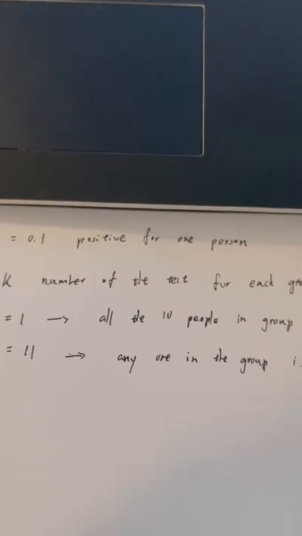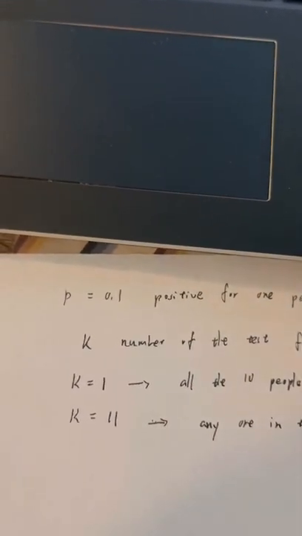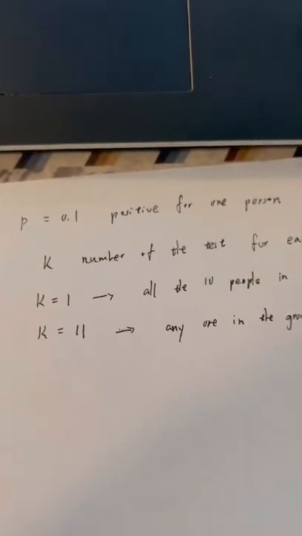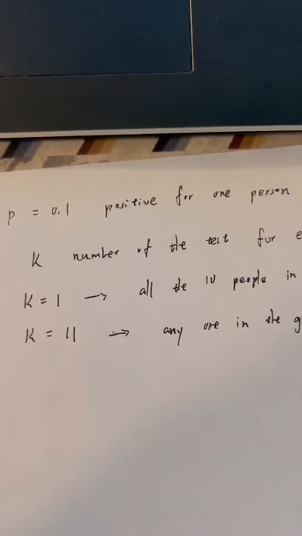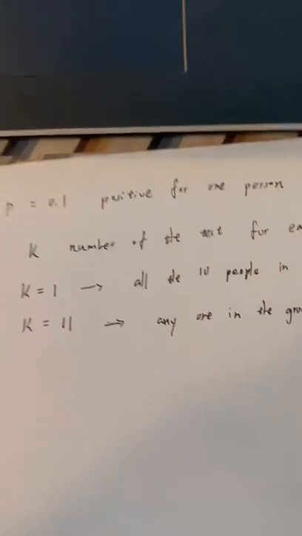So that will be 10 tests plus the initial one, and K will be equal to 11. So after that, we can find the solution of the average number of tests we need to do.